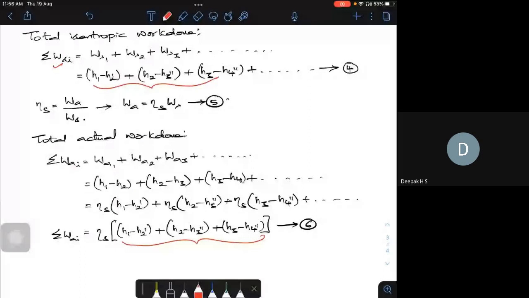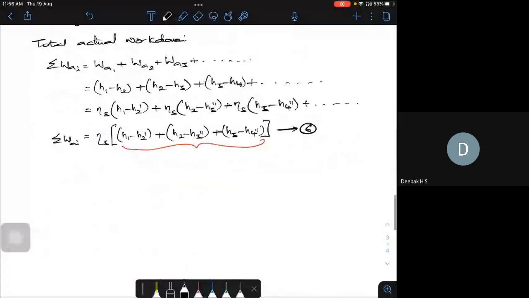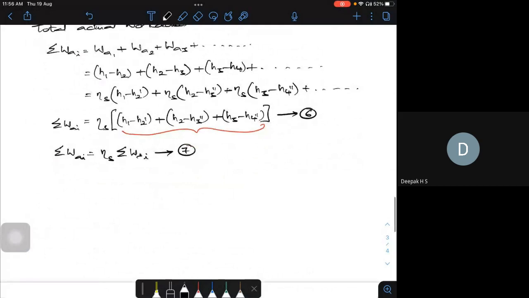Or from equation 4, I can write that your total actual work done is equal to stage efficiency multiplied by your isentropic work done. I'm going to call that equation number 7. So this is your actual work done.